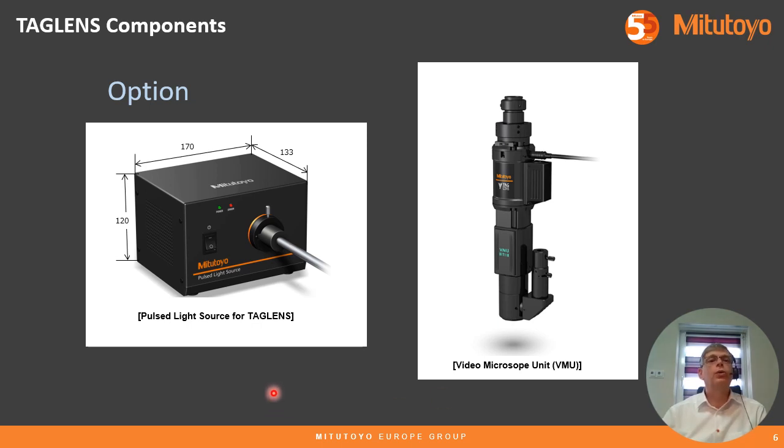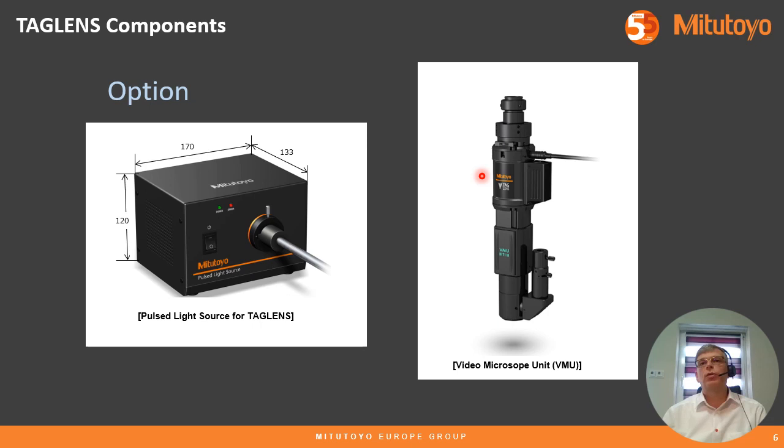Optional components are also available. A specially designed pulsed light source for TAGLENS is available. I will explain the main features of this pulsed light source in another section. And also a video microscope unit, VMU, for TAGLENS is available.